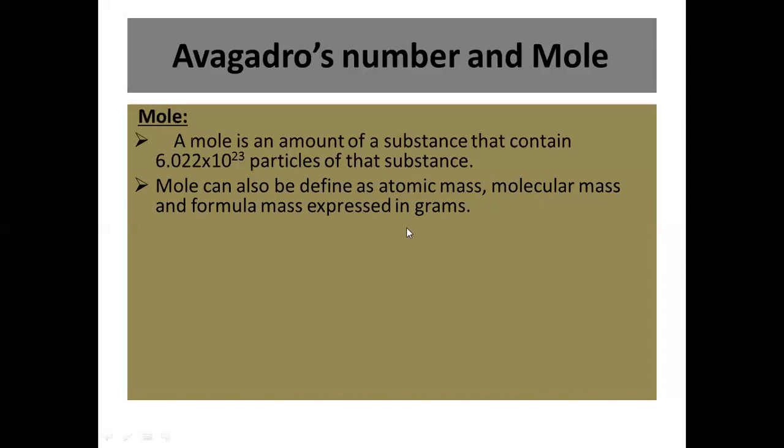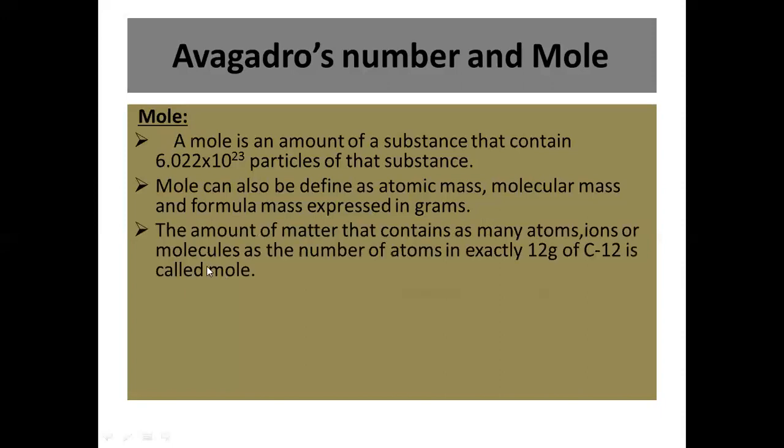But if we present it in gram, suppose carbon's atomic mass is 12 AMU, instead of AMU, if we say that the atomic mass of carbon is 12 gram, this will be called a mole. So atomic mass expressed in gram, molecular mass expressed in gram, the formula mass expressed in gram is called a mole.